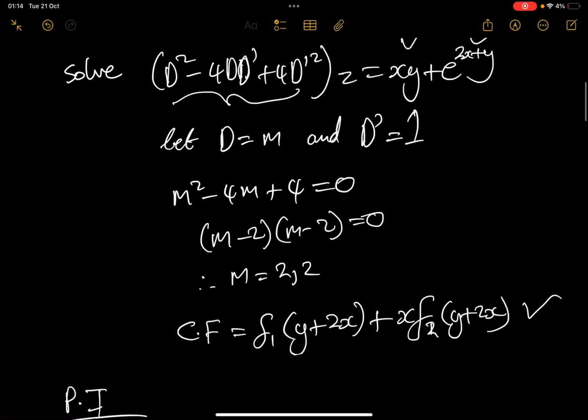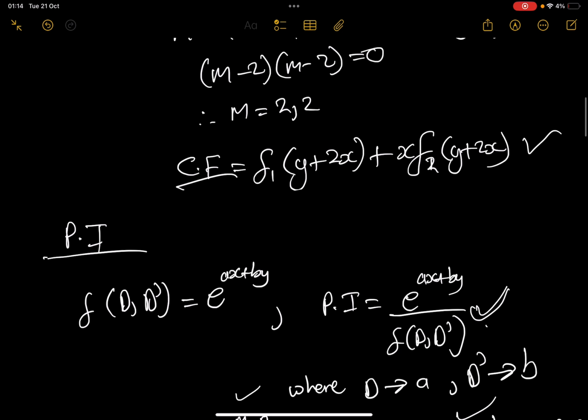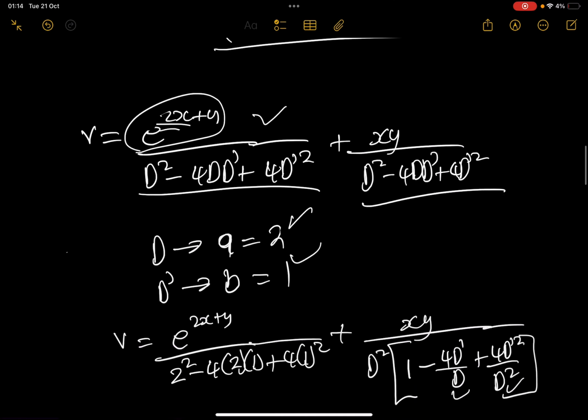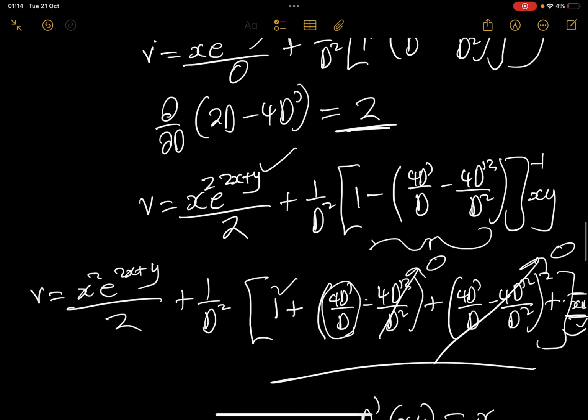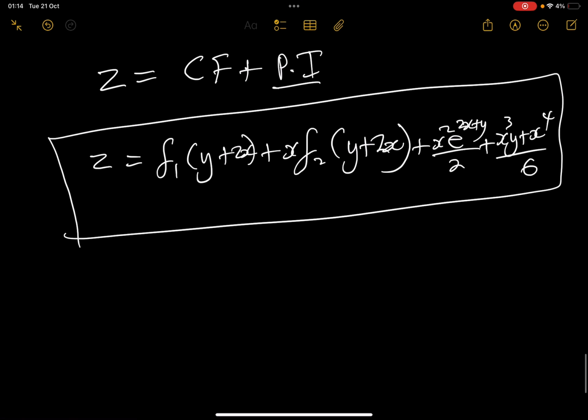First of all, you find the auxiliary equation, and after finding the auxiliary equation, you can get the complementary function, and then we look for the particular integral, and then you combine the two to get your general solution. So this is how we were supposed to do this question.